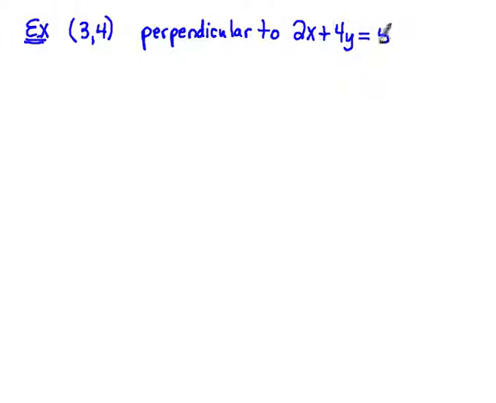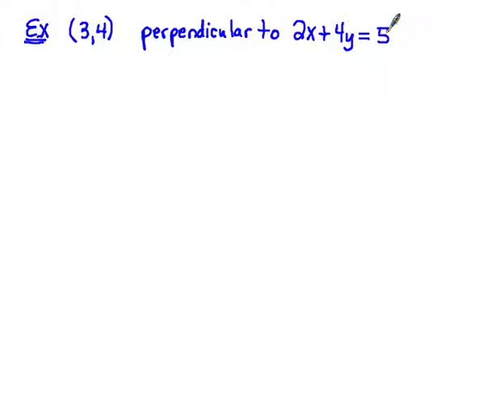All right, so it goes through (3, 4), and it is perpendicular to 2x + 4y = 5. Just like with the parallel lines, the first thing that we have to do is find the slope of this line.